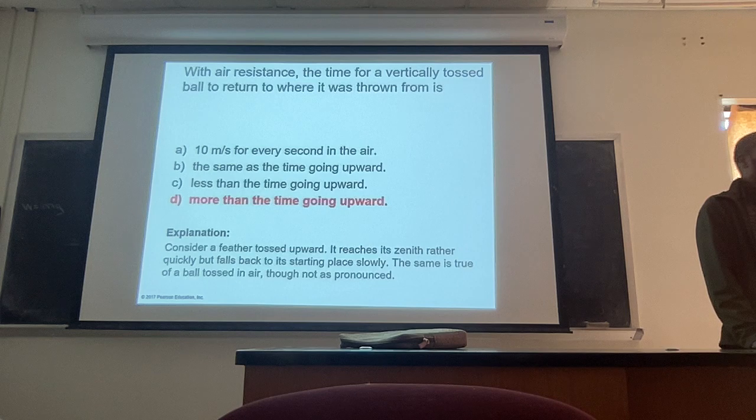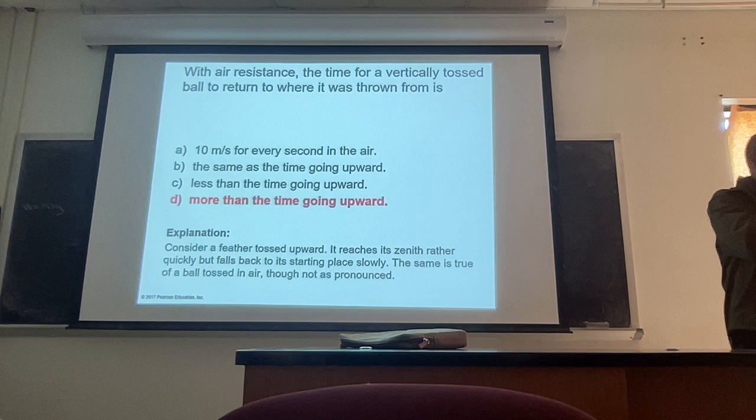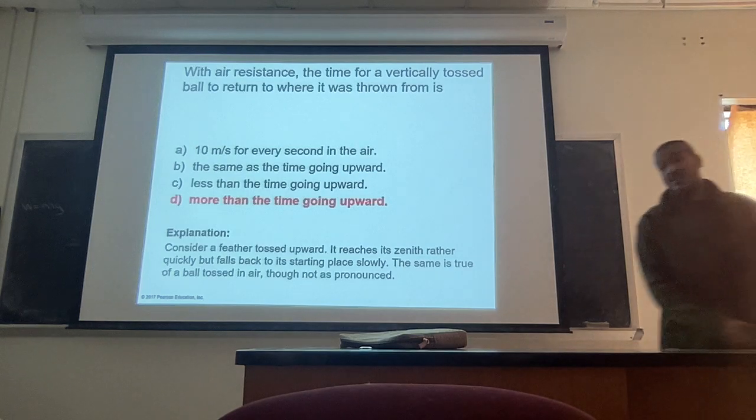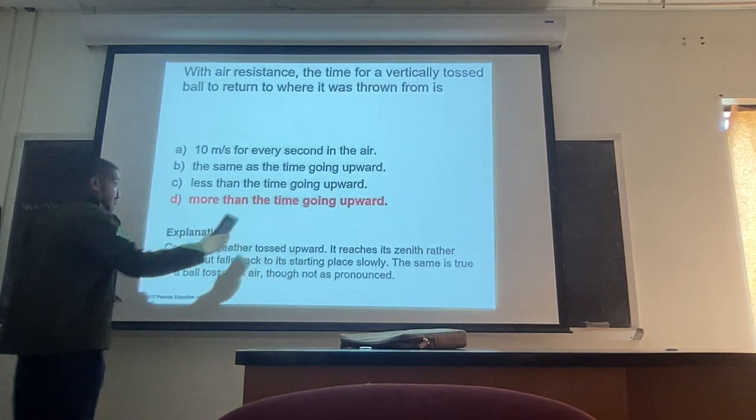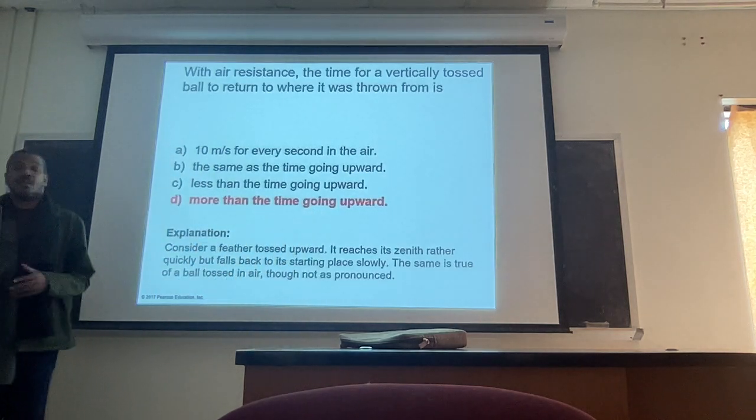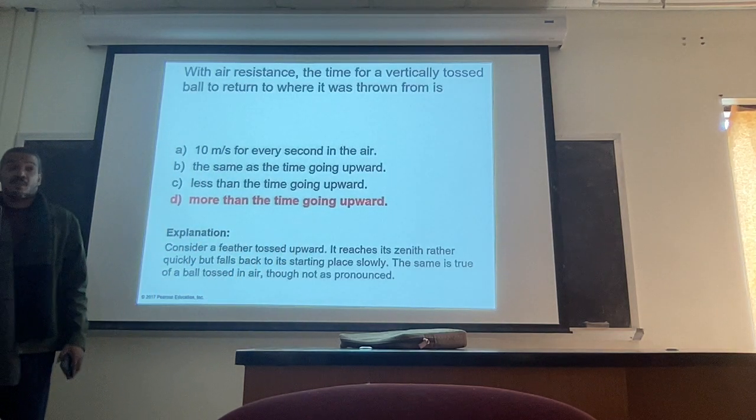I'm trying to think of a better explanation, because some people will say if it's working against it on the way up, then on the way down it's working with it, so it should be less. But it's working against it either way, right? It said more time going upward. It is working against it either way, but more coming down, I think.